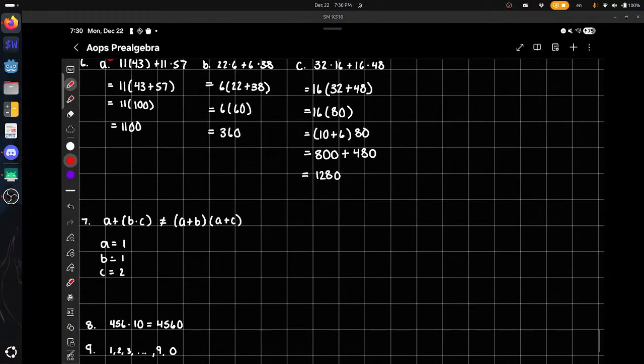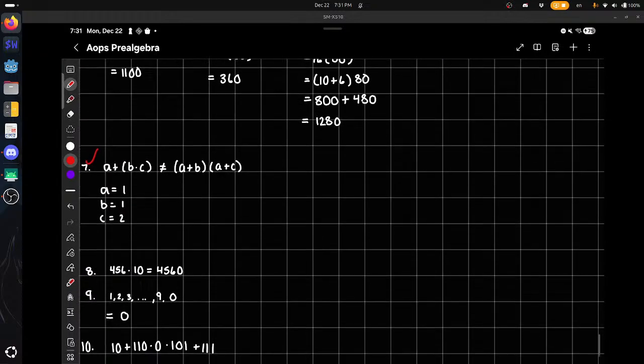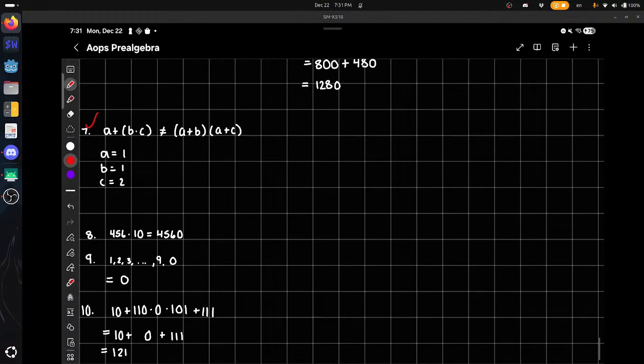That's right. They use different numbers, but I still get the same thing. 4, 5, 6. That's right. That's right. And that's right. We got all the problems, or all the exercises, right.